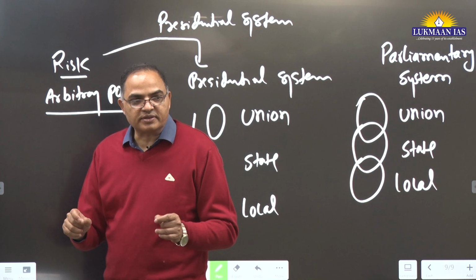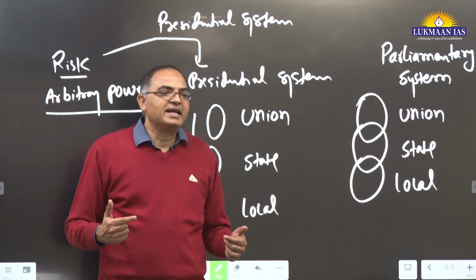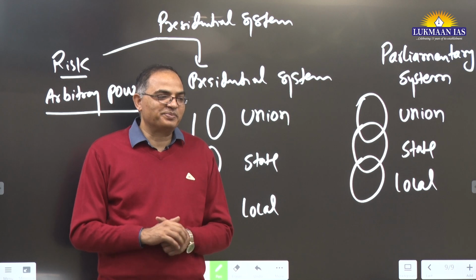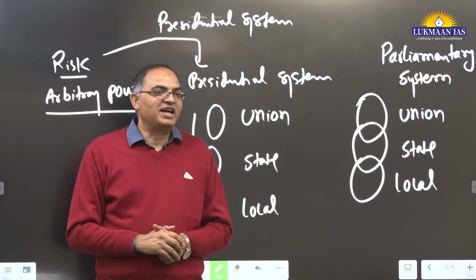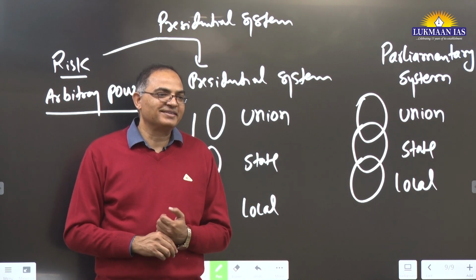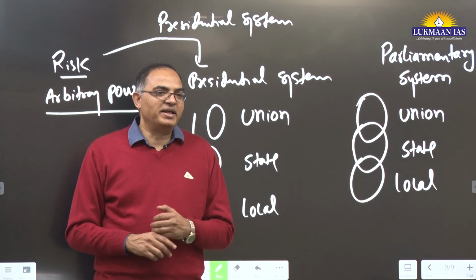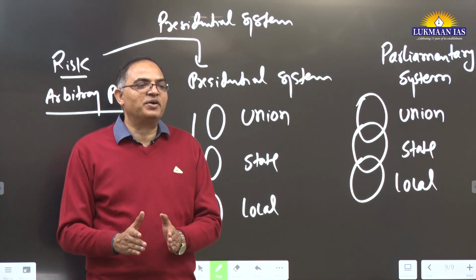Kejriwal in the first term brought clean background MLAs. In the second term, that clean background was gone. Now in the second term, many people came, those who gave money. And when they gave money, those people who were of clean background left.